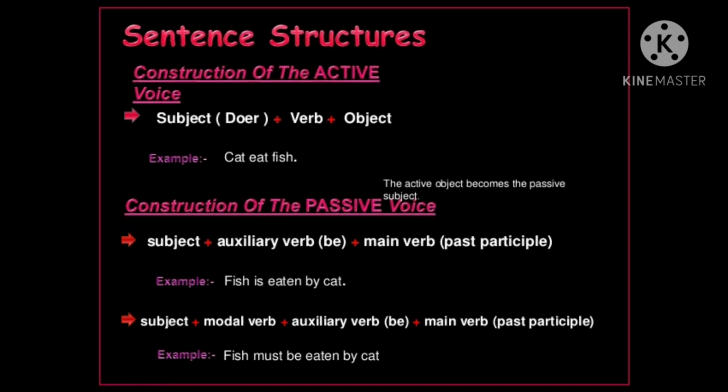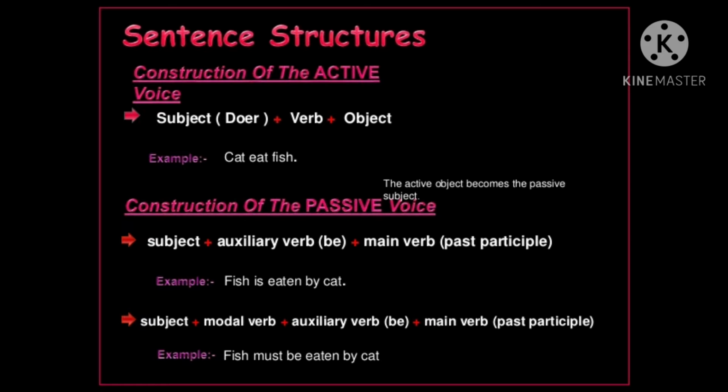Now we will see the passive voice sentence structure. The construction of the passive voice is subject, auxiliary verb be, then main verb. Here the active object becomes the passive subject. I'm repeating again, the active object becomes the passive subject.